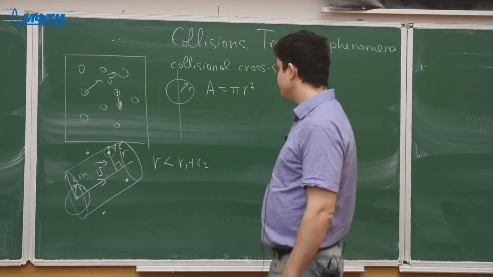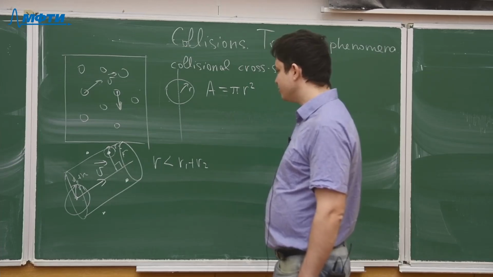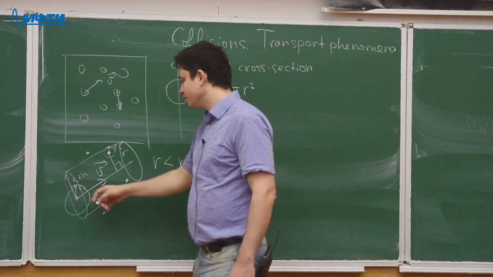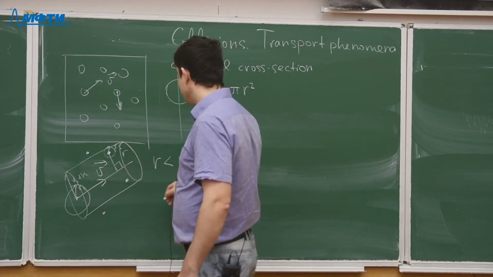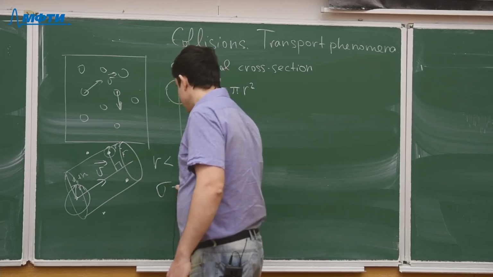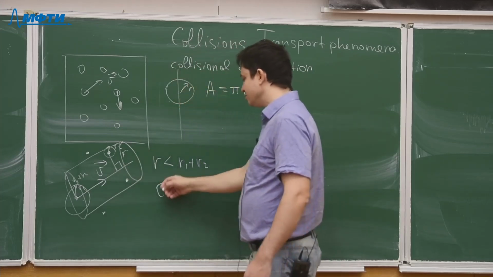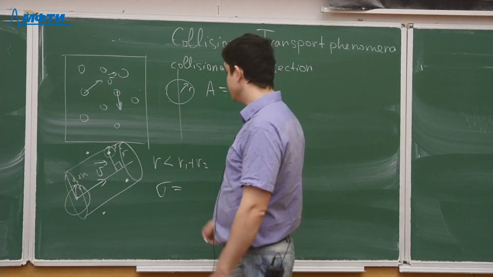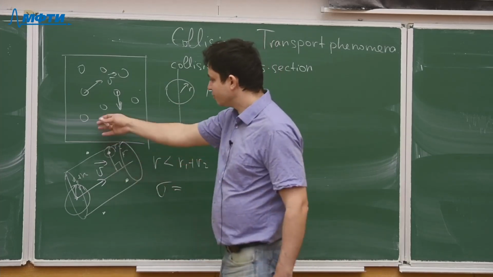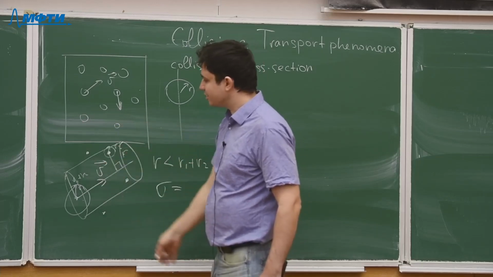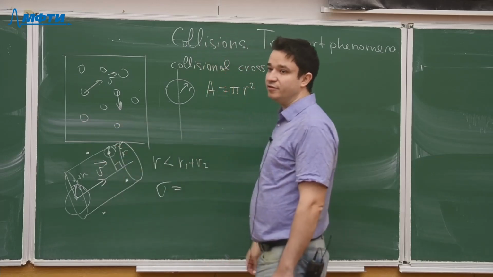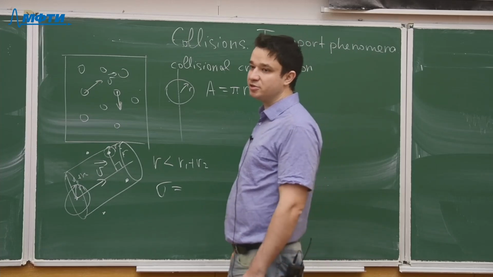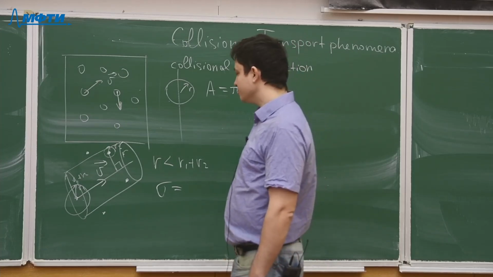In this way, it becomes reasonable to label the base area of this cylinder with the letter sigma and call it the collisional cross-section, because this is again an area of a cross-section. It's a cross-section of this cylinder in which the other molecule's center needs to come in order to have a collision.